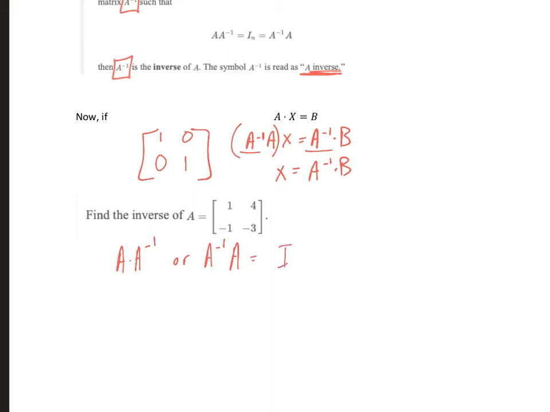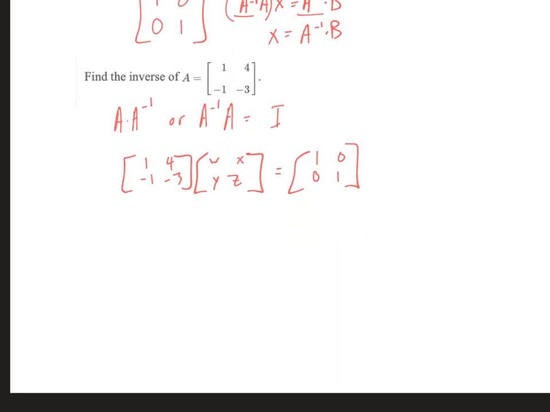So if I set it up as the original matrix times some other matrix, we'll call it W, X, Y, Z, and this is equal to the identity, then I have found the inverse. So I'm multiplying these two matrices together.